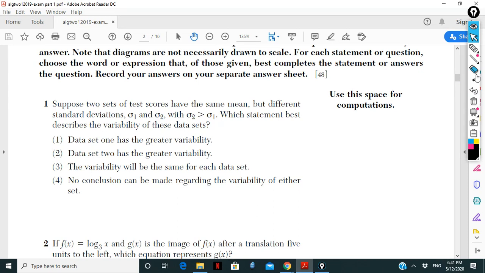So it's a measurement of central spreading. If you have a larger standard deviation, you have more spreading. So data set 1 has greater variability? No. Data set 2 has the greater variability. Yes. So the answer is number 2.